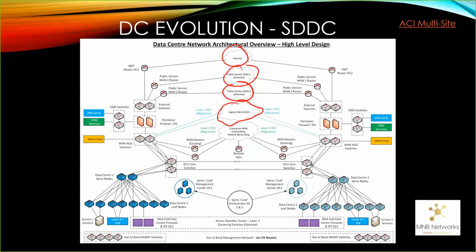So you might be going to two separate co-location facilities, or you might go to one co-location facility plus AWS or Azure or whatever. So I've got the legacy data center in there as if it's a completely separate entity that you're migrating from.